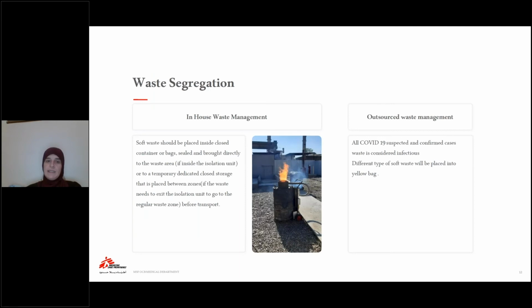How will we segregate the waste? In MSF, most of our projects have in-house waste management and an in-house incinerator or crusher for shards. And in some countries, we have an outsourced waste management company, which comes and collects the waste and disposes of or manages it according to their protocol.